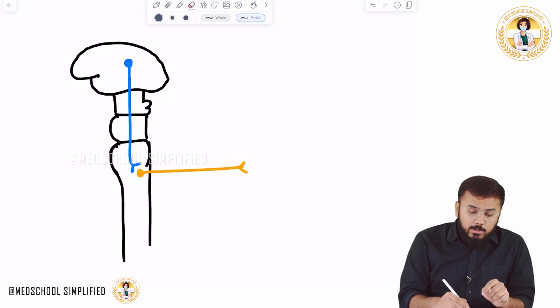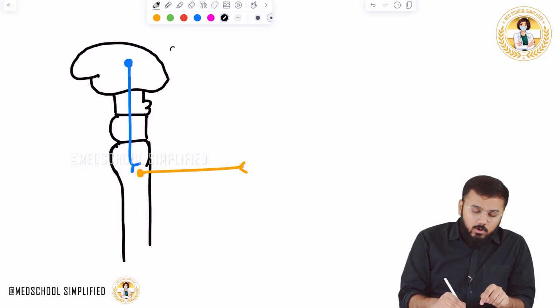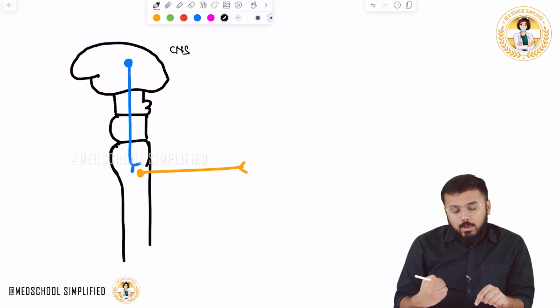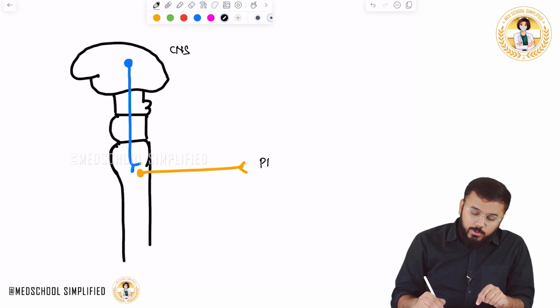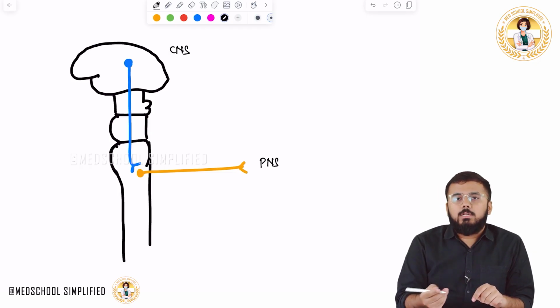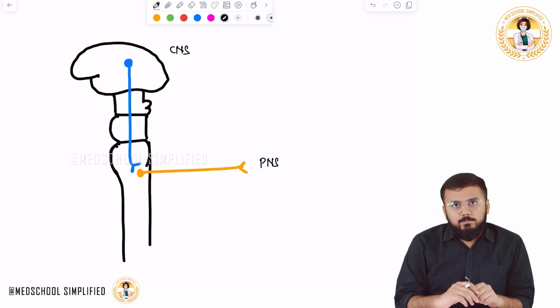The neurons present within your central nervous system are called central nervous system neurons, and the neurons coming out of the central nervous system belong to the peripheral nervous system. These are the neurons that usually supply your heart and so on.